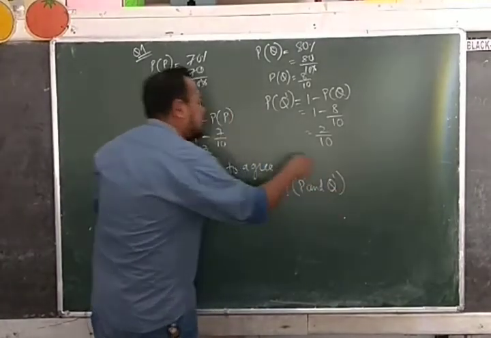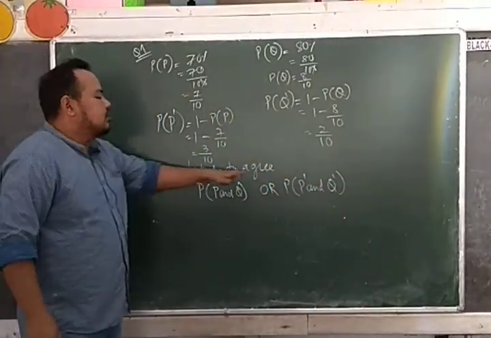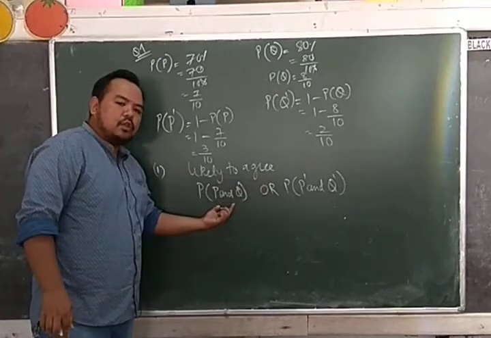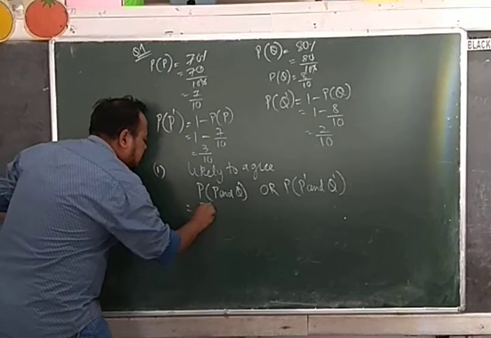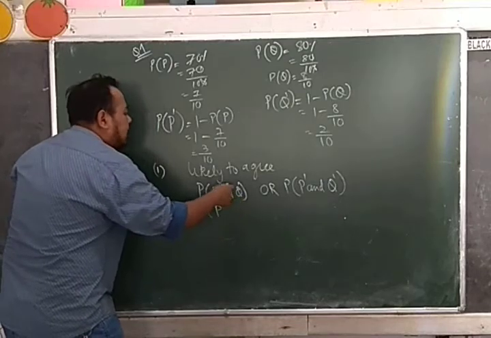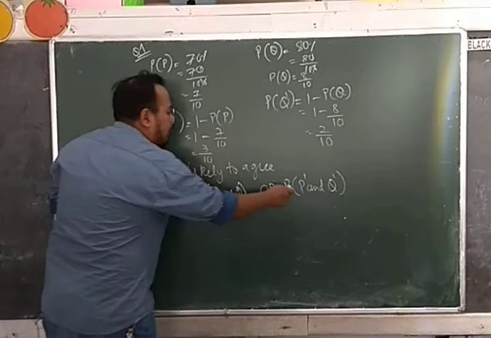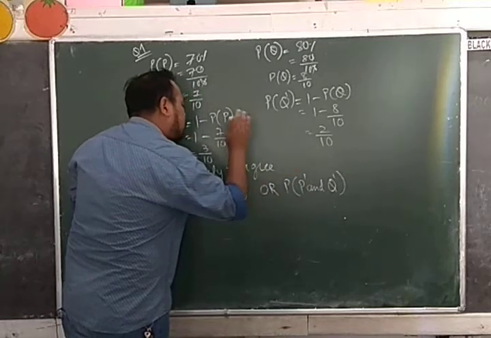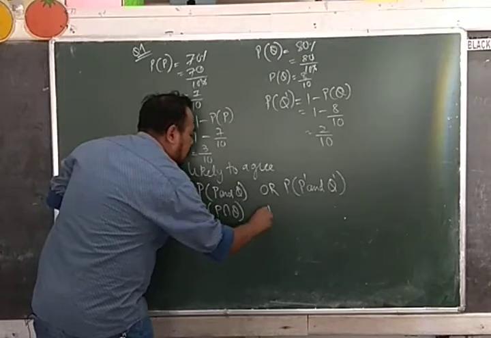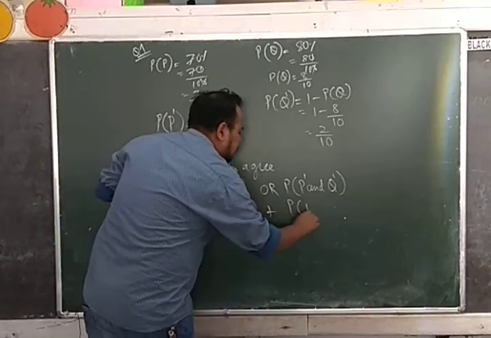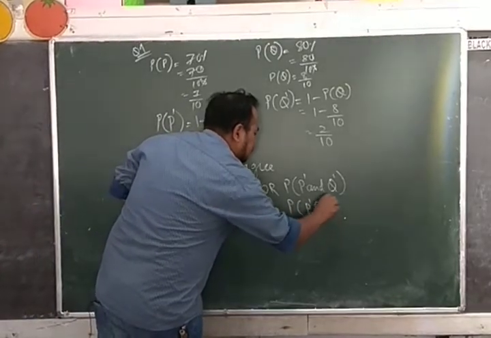Isn't this the meaning of likely to agree? Either both speak truth or both lie. So the probability of P and Q both speaking the truth, or P dash and Q dash both lying. What does 'and' mean? Intersection. Plus probability of P dash intersection Q dash.